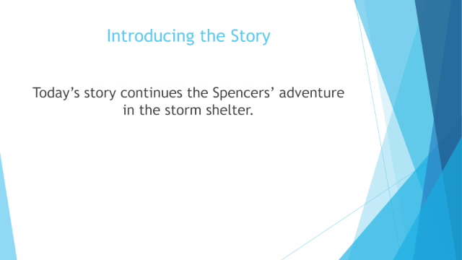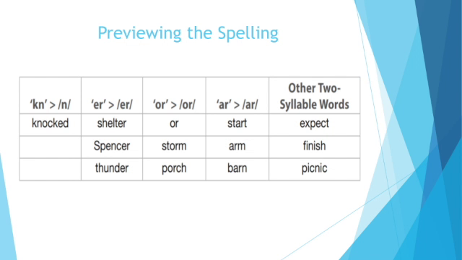Now let's go ahead into our Grace Reader and talk about our story for today. In our story, we continue to adventure with the Spencers into the storm shelter. Let's preview our spellings that we're going to see in this story.